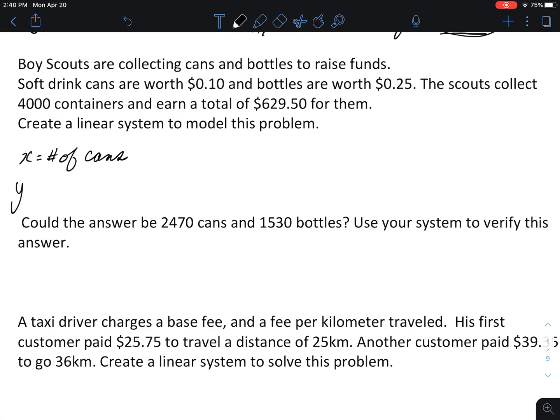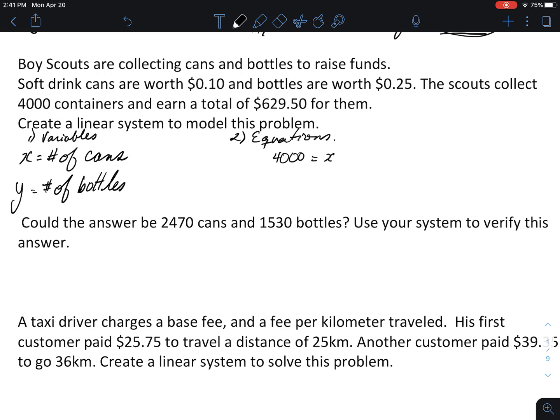So I'm going to help you first and say that x is the number of cans and y is the number of bottles. Could I use c and b for my variables? Sure, doesn't matter. Okay, so that's my first step, the variables. What do they stand for? And then secondly, my equations. So why don't you pause the video here and try and write down your equations, see if you can get them.